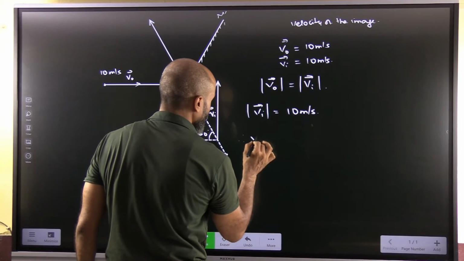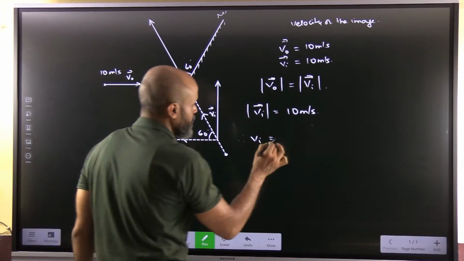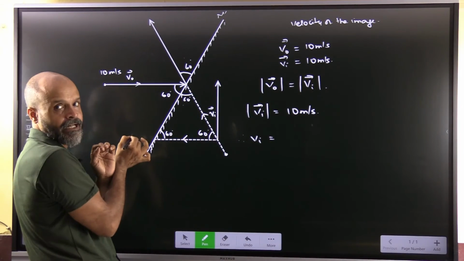So therefore the velocity of the image, now this is moving in this direction, the x component. So this is negative of x direction.